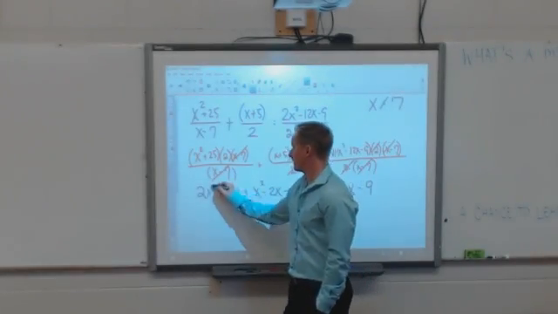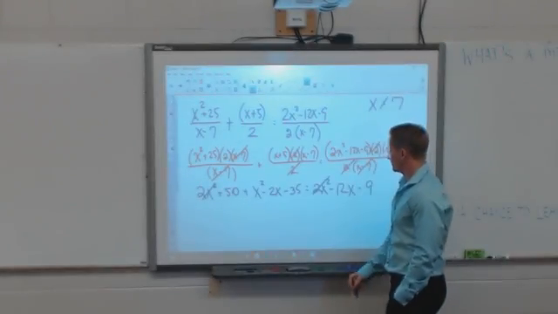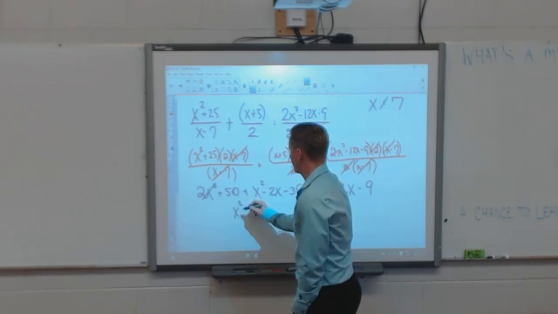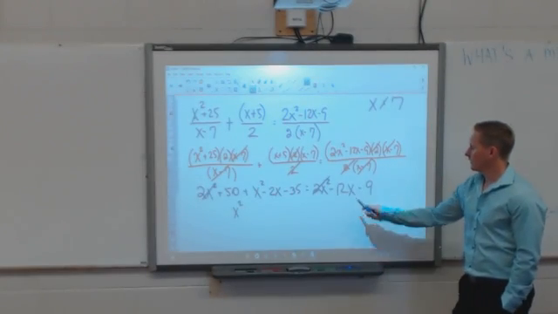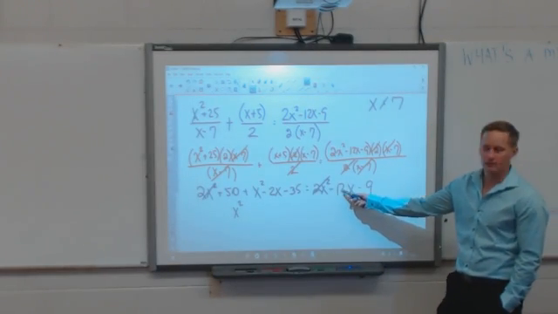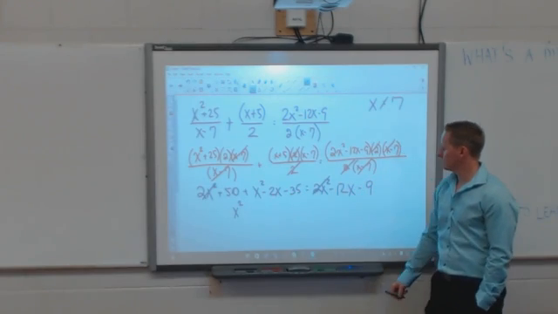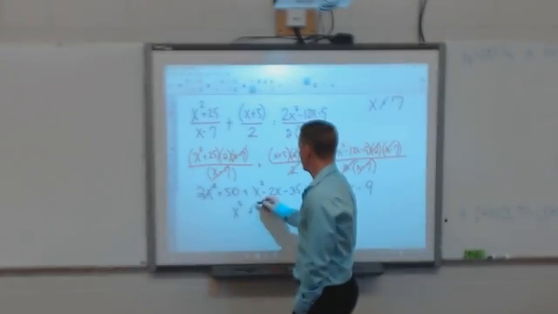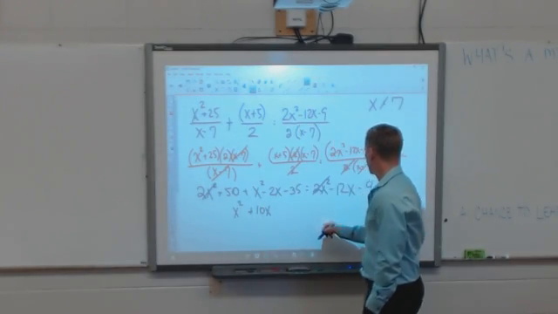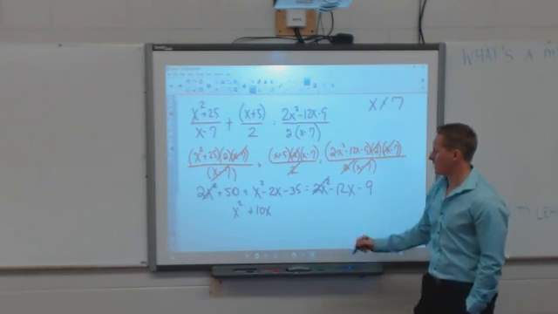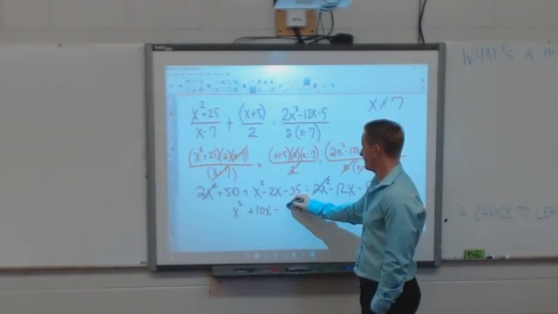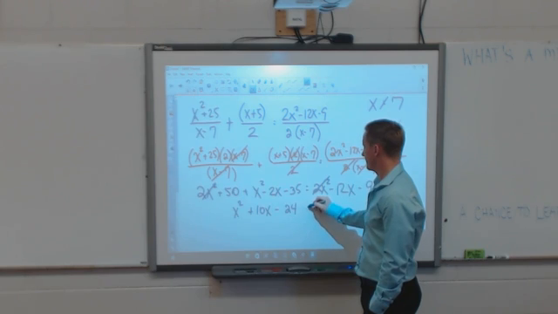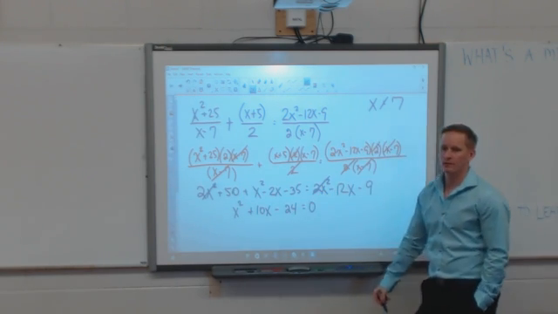Well, that and that's going to cancel when I subtract. It's going to leave me with x squared. Okay? I'm going to add 12x over to here, plus 10x. And I'm going to add 9 over to here. Equals 0.